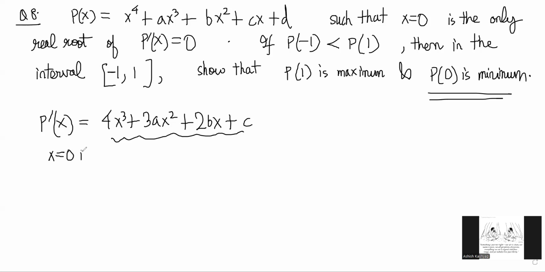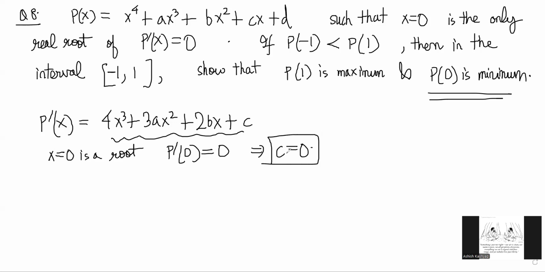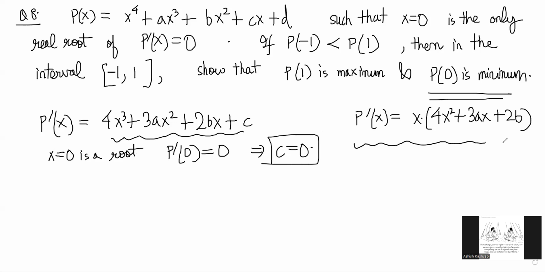So x is equal to 0 is a root, that means c should be 0 because p dash 0 is 0. Correct? So p dash x is looking like x common 4x square plus 3ax plus 2b, right?